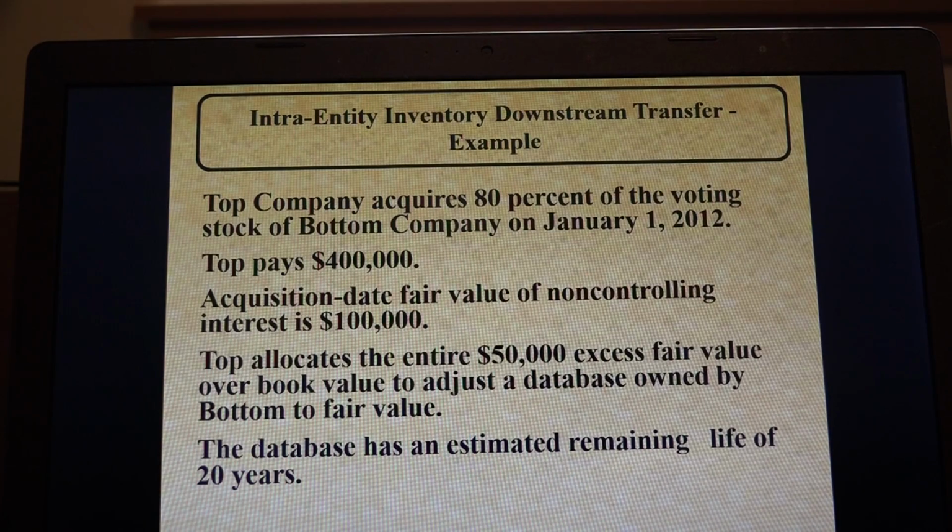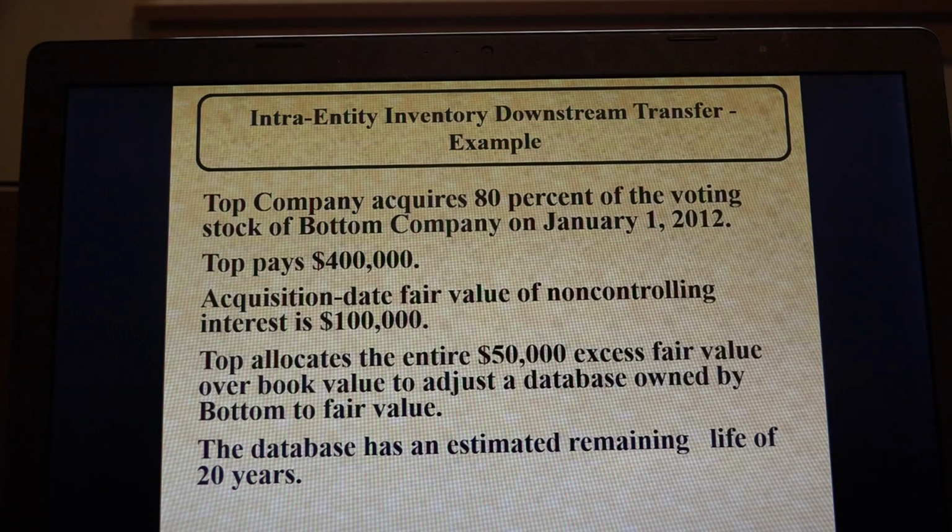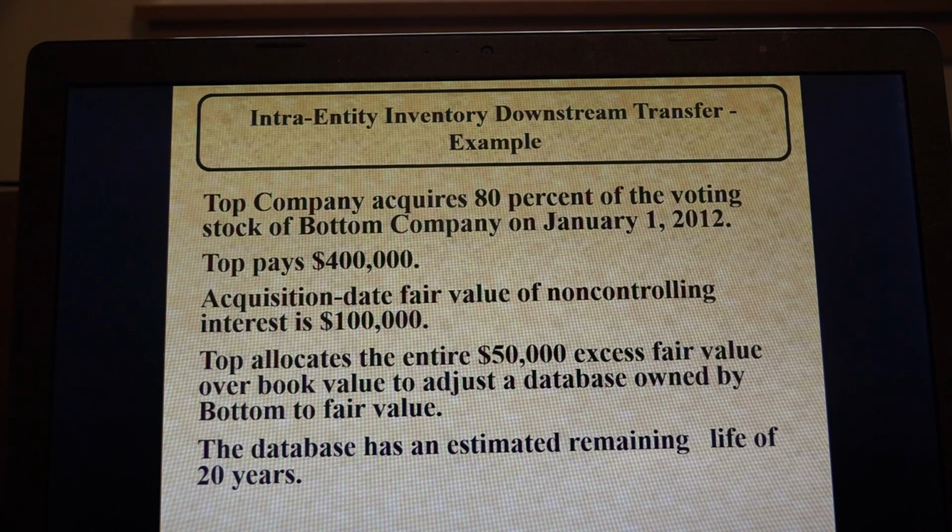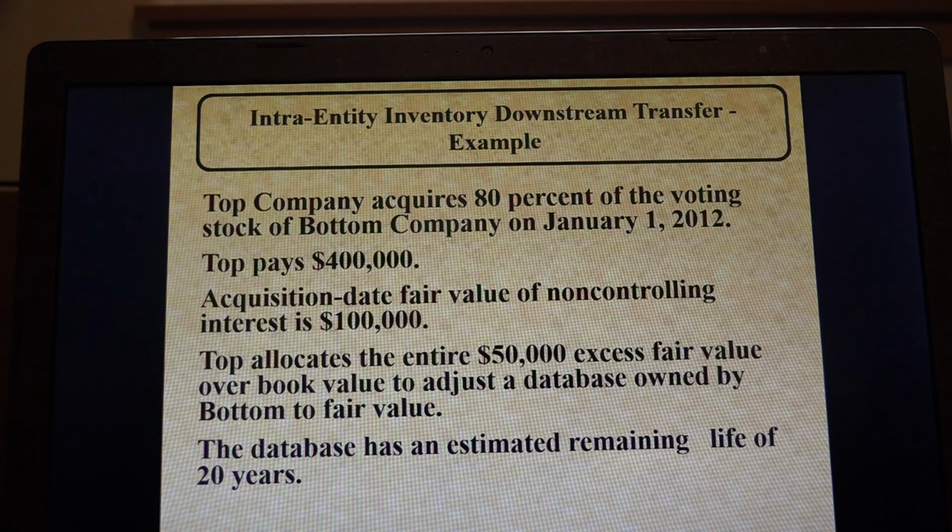So anyway, they use this example. We're going to use the one in the book here, hopefully it matches up. Sometimes they don't. But here we have top company acquiring 80% of bottom company for $400,000 on January 1, 2012.